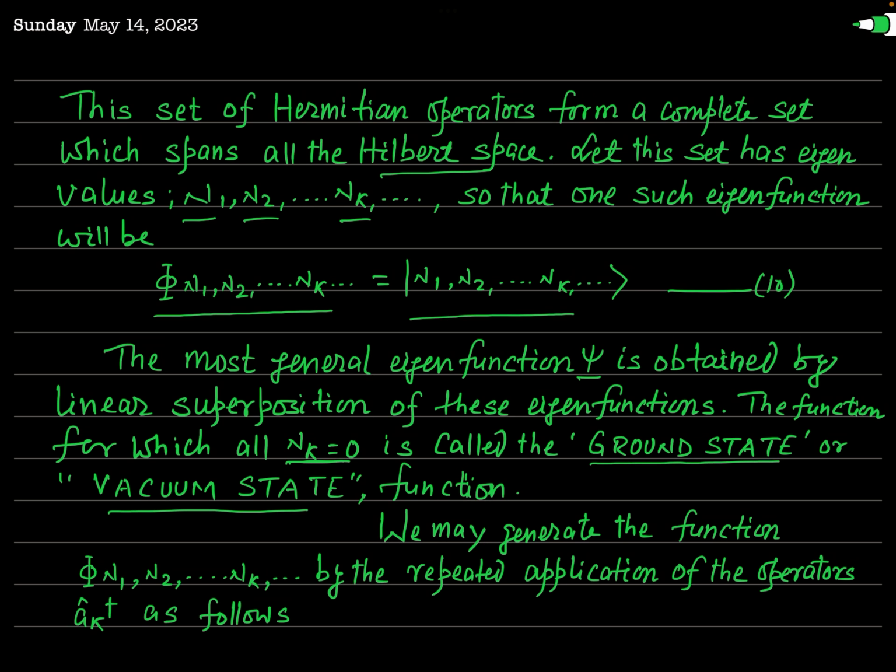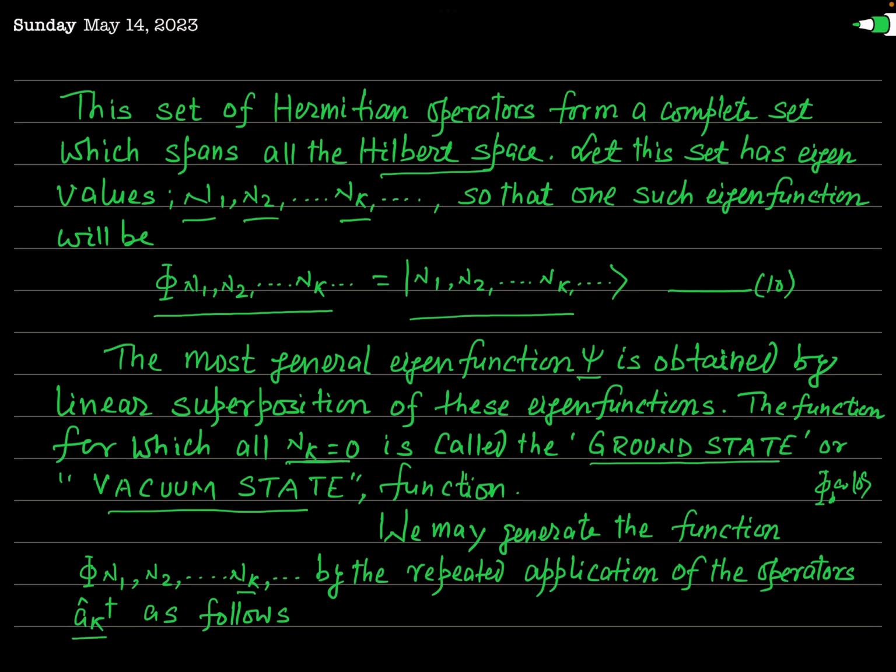In terms of this vacuum function, which we will denote by the symbol phi naught, or you can also write it like ket 0, we can generate the function like phi n1, n2, so on, nk, by the repeated application of the operators like ak dagger.